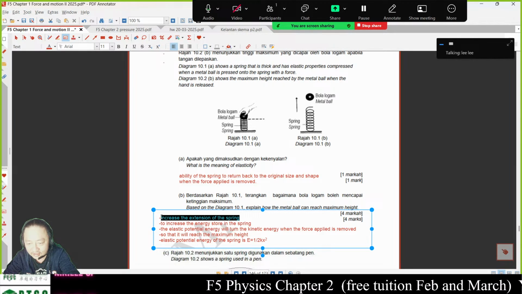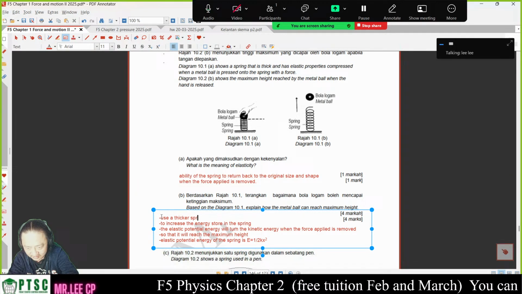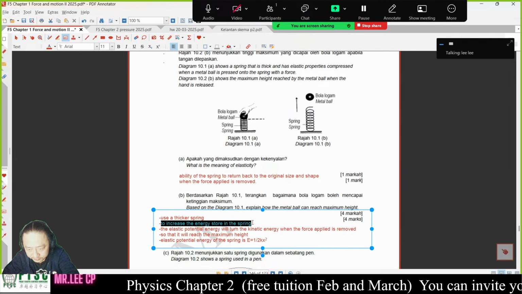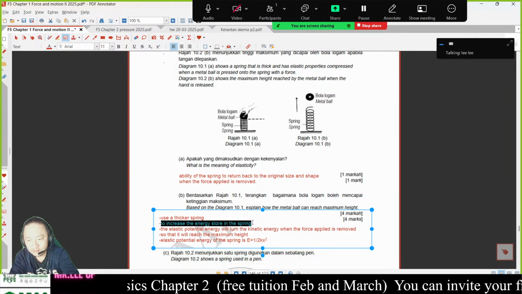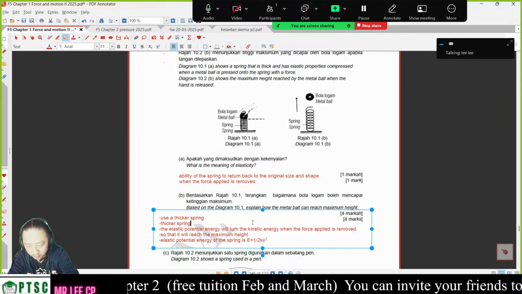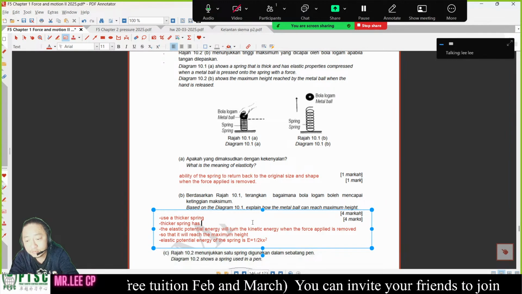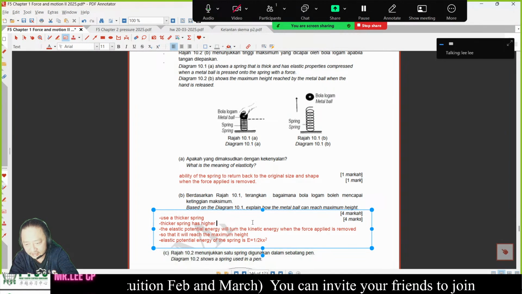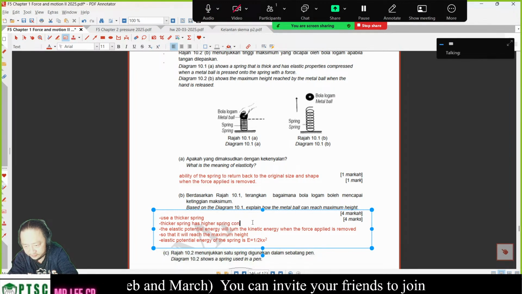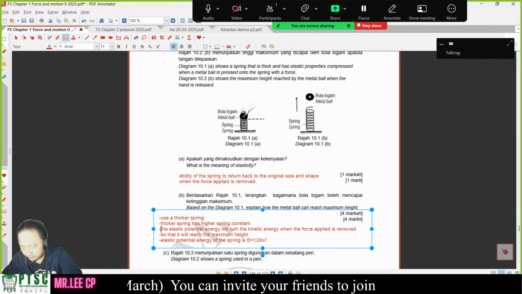So use a thicker spring. So why use a thicker spring? Thicker spring, or a bigger diameter of the wire also can. Thicker spring has a higher spring constant.